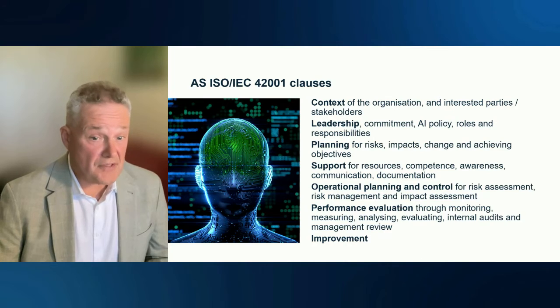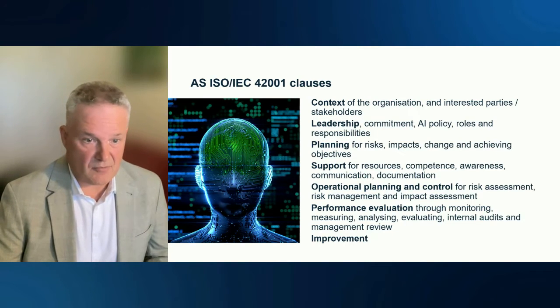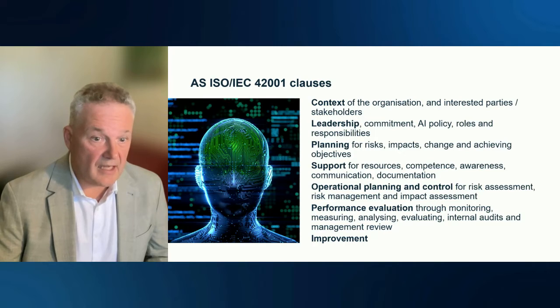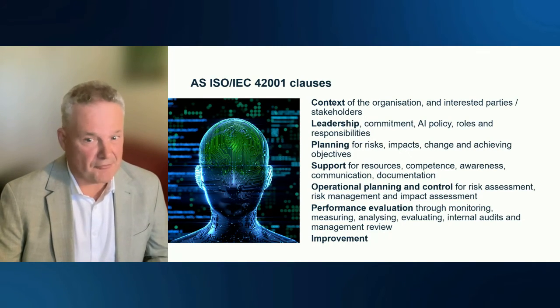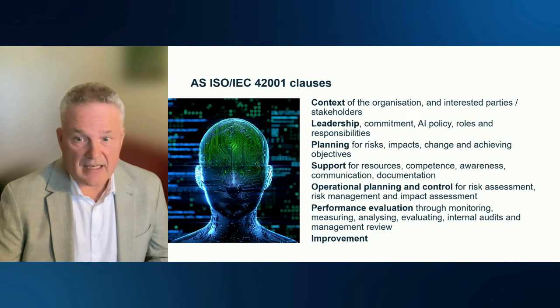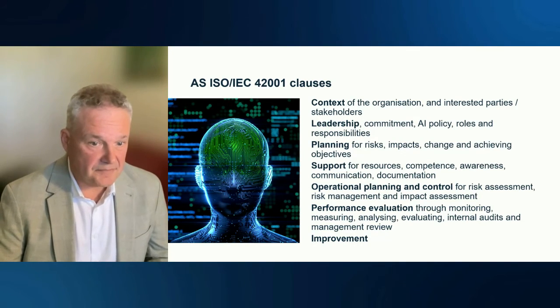So, for those that are familiar with other management standards, it should come as no surprise that continual improvement is the final clause in the main body of 42001. And if you thought that those last couple of points went by quite fast, you're not wrong. They are far more succinct than some of the other clauses, and that's because there is much less AI-specific content to consider in that part of the standard.